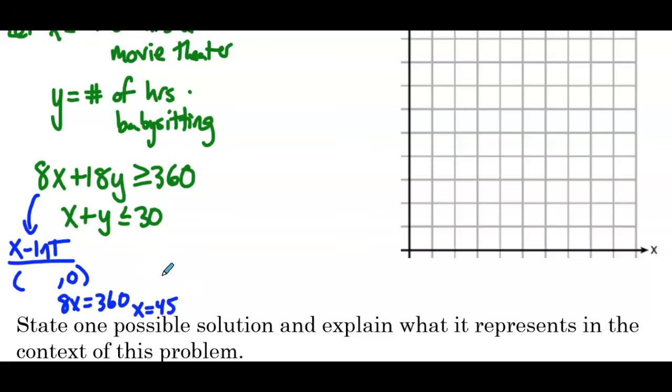Running out of room here, so x equals 45, so 45 comma 0. Our y-intercept, when x is 0, we're going to have 18y equals 360. So doing 360 divided by 18, y is going to be 20. Okay, so we have our x and y-intercepts there.